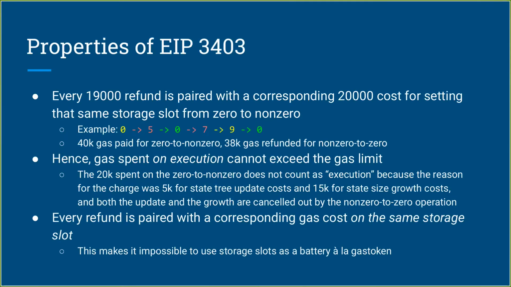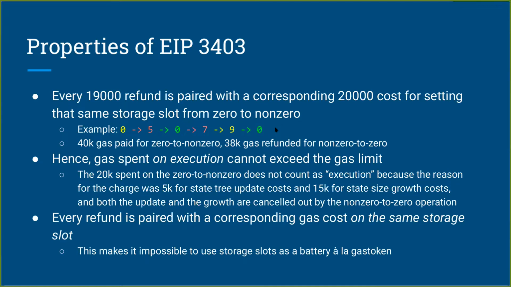Excellent. Okay. So these are just nice properties that EIP-3403 has, some kind of invariance that we have once the EIP exists. One of them is that every refund of 19,000 gets paired with a corresponding 20,000 cost for setting that same storage slot from 0 to non-zero.